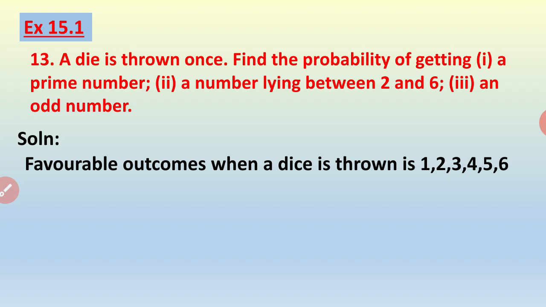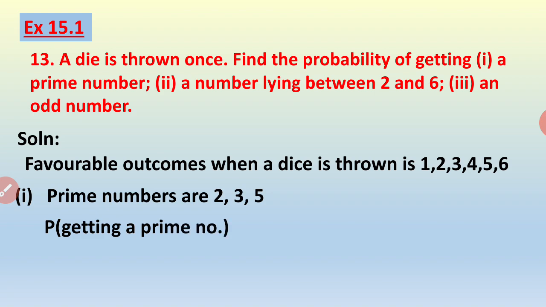In this list, the prime numbers are 2, 3 and 5. So, the probability of getting a prime number will be 3, there are 3 in number, that is 3 upon total possibilities, that is 6. So 3 by 6, which is nothing but equal to 1 by 2.